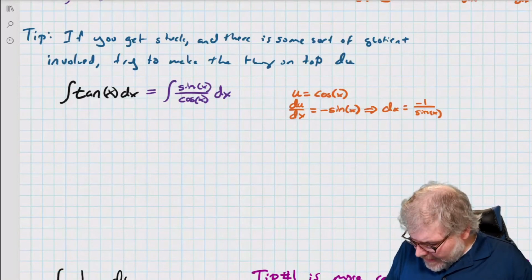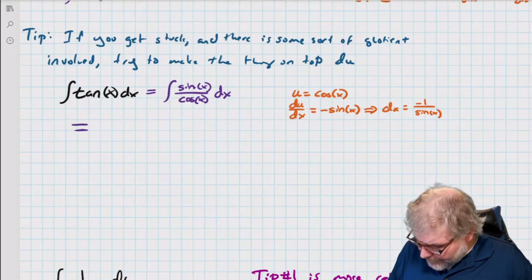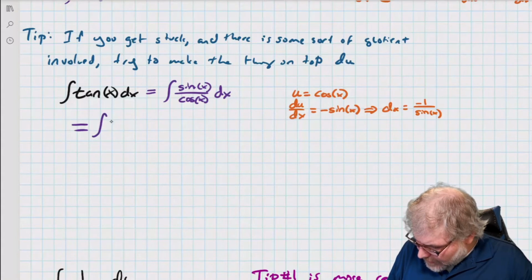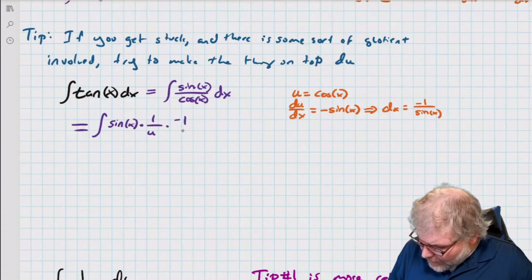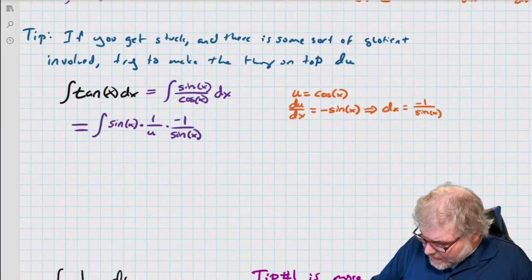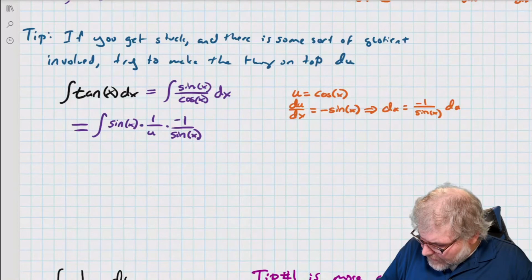So here this is going to be the antiderivative of sine of x times 1 over u times negative 1 over sine of x. I'm sorry, this right here should have been a dx equals negative 1 over sine of x du.